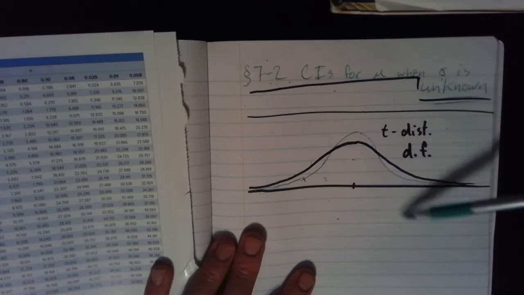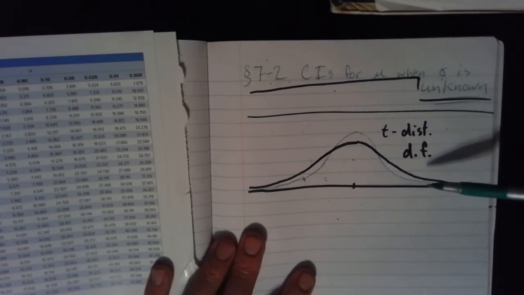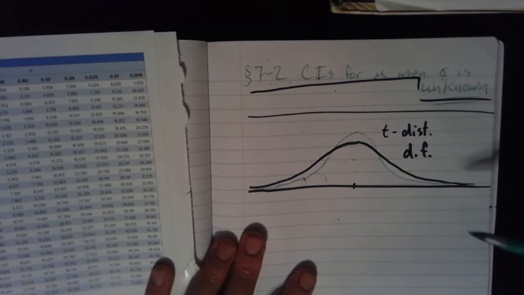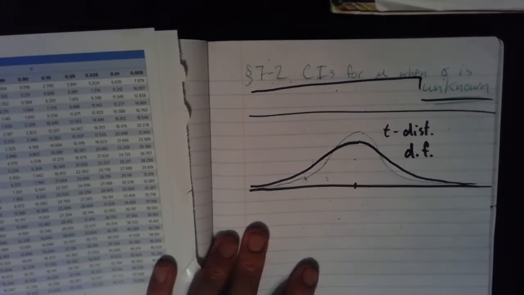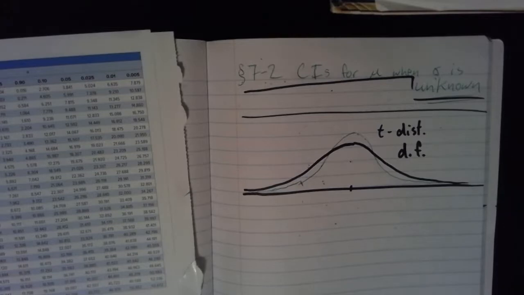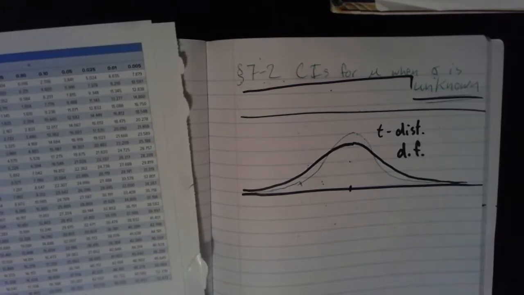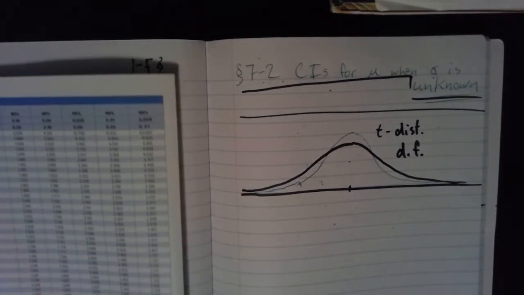I'm drawing various different degrees of freedom for these curves. All right. Like it says here, the third feature is it's not exactly the same as the Z distribution. It's based off of the sample size, but as we let n approach infinity, the T distribution looks more and more like the Z distribution.